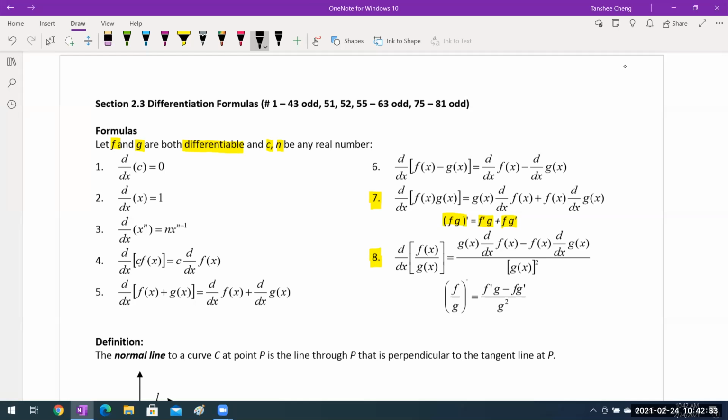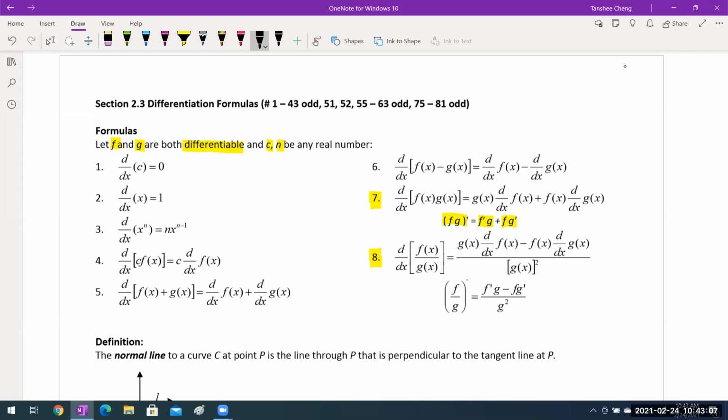The next formula is for the quotient: the derivative with respect to x of f of x divided by g of x. We take the derivative of the function in the numerator times the function in the denominator, minus the numerator function times the derivative of the denominator function, all divided by the denominator function squared.